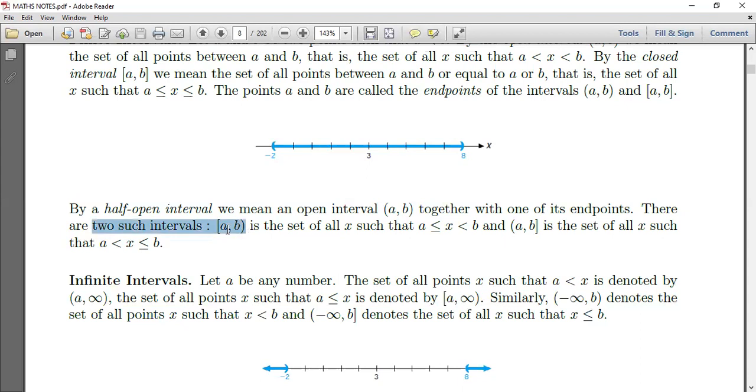It means A is part of the interval, but B is not. So we say A less than or equal to X less than B. Again, we can have a half open interval written like this, with a round bracket first.